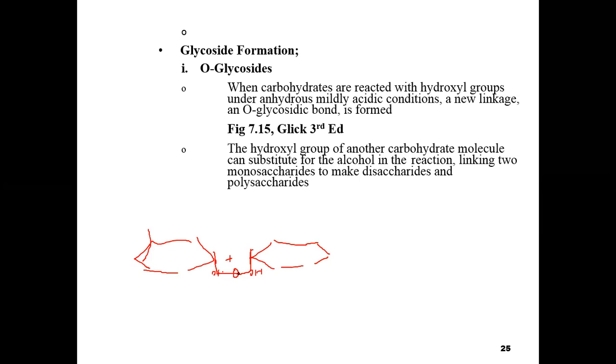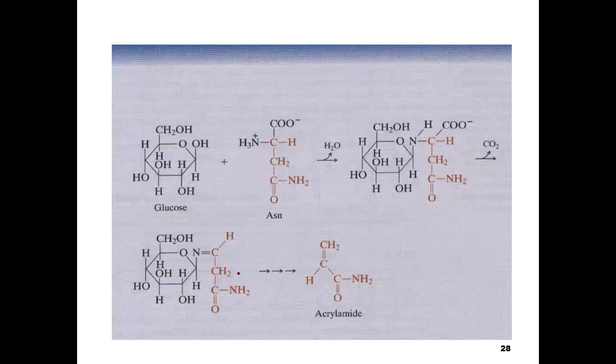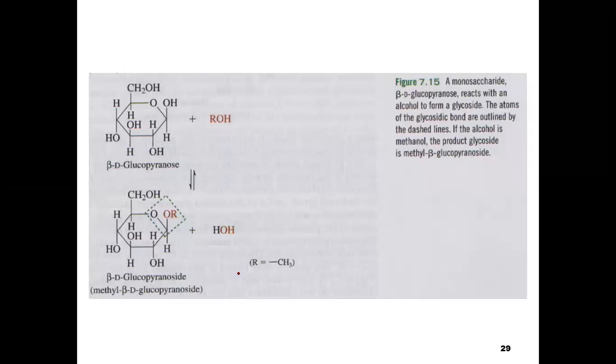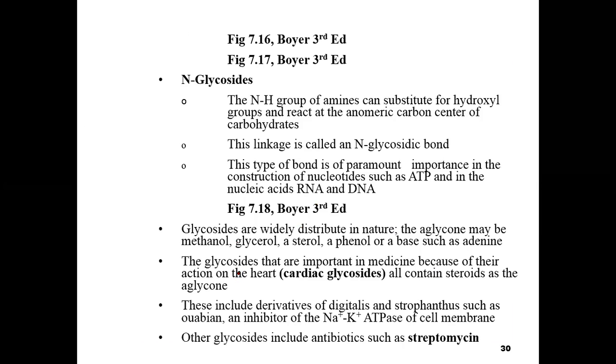The hydroxyl group of another carbohydrate molecule can substitute for the alcohol in the reaction, linking two monosaccharides to make the disaccharide and the polysaccharide molecule. These are the diagrams related to the previous text. Also, the NH group, the amine group, can substitute for the hydroxyl group and react at the anomeric carbon center of the carbohydrate.